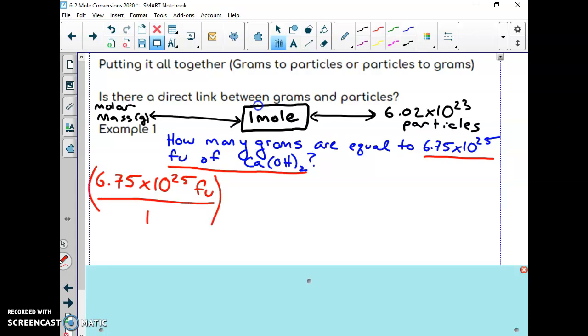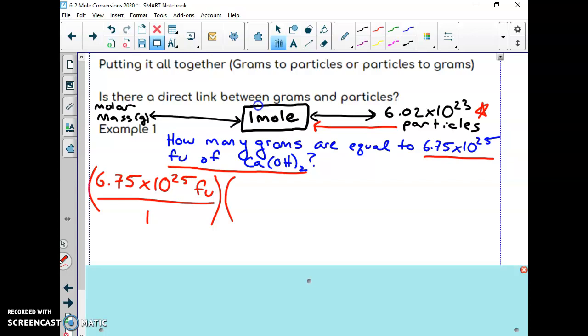On our continuum here, since we're starting with formula units, we're starting over here on the right. And eventually we're trying to get grams. We want to make our way leftward in order to do that. So the first stop has to be to get this in terms of moles. There's a stop at moles prior to molar mass.